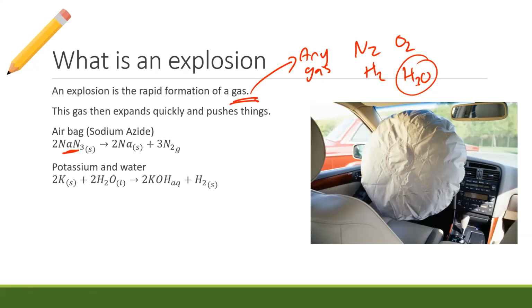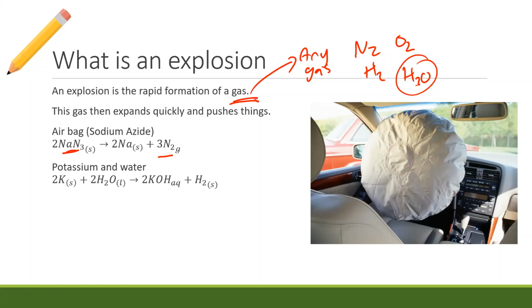It's a bit weird because it's so weakly bonded together. When you apply electricity through it, it quickly reacts to make very, very small fragments of sodium metal, and a bunch of nitrogen gas. And that's what expands the airbag out.